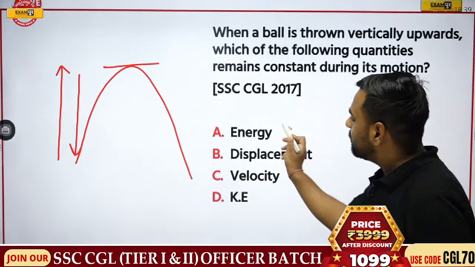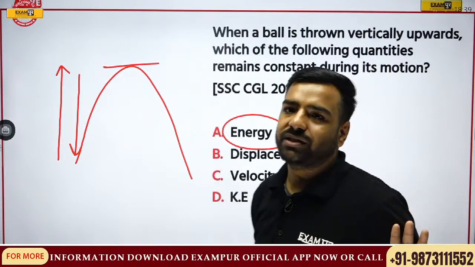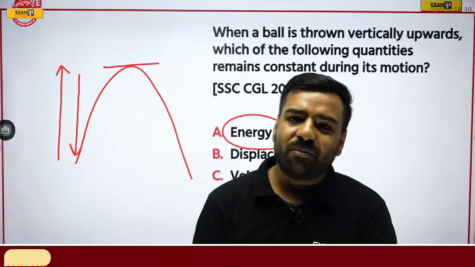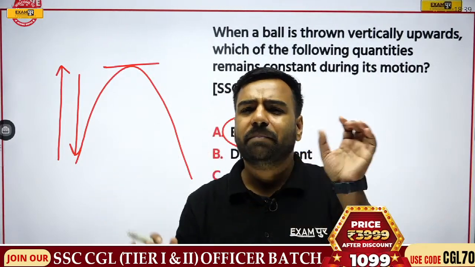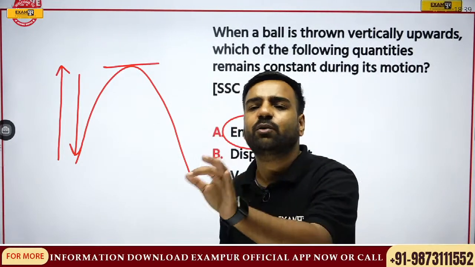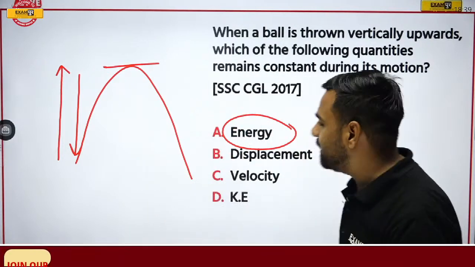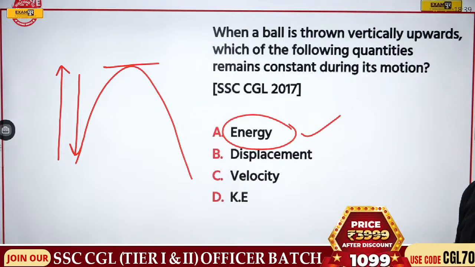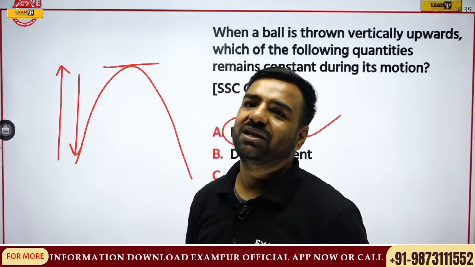First thing, everyone must remember, energy always remains constant. Energy is neither created nor destroyed, but can be changed from one form to another. Simple, law of conservation of energy. This means energy will always remain constant. Naina is going with D now.